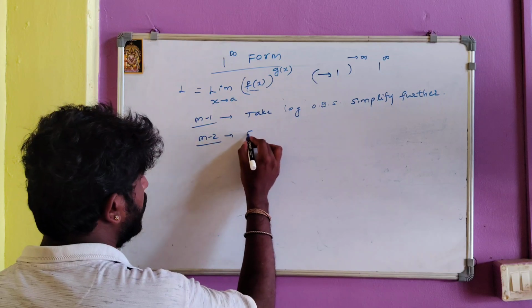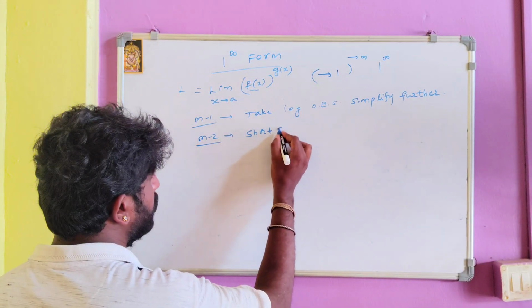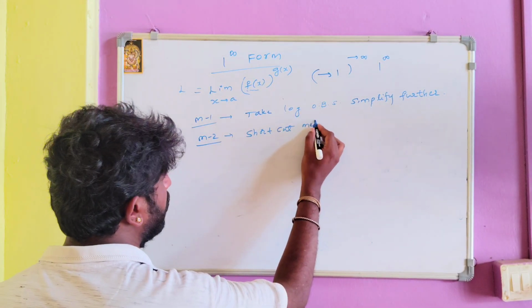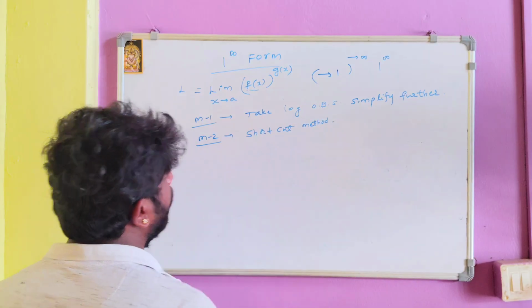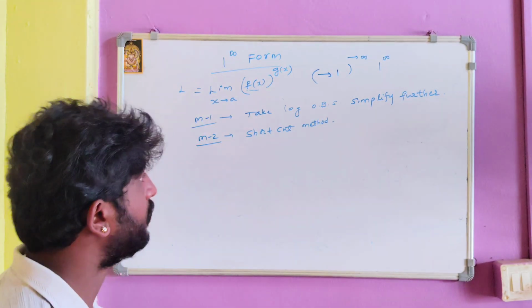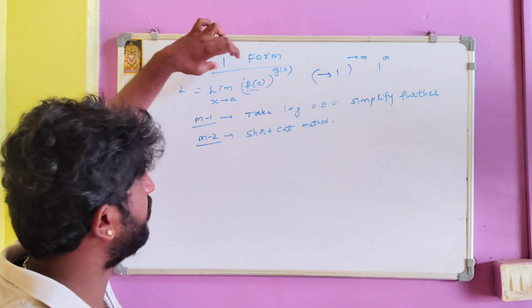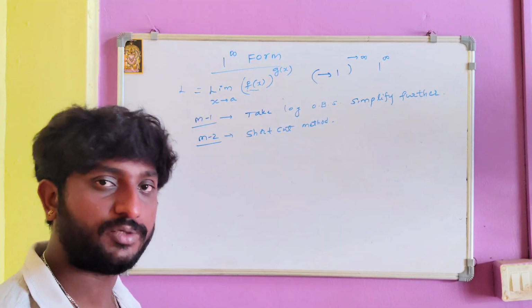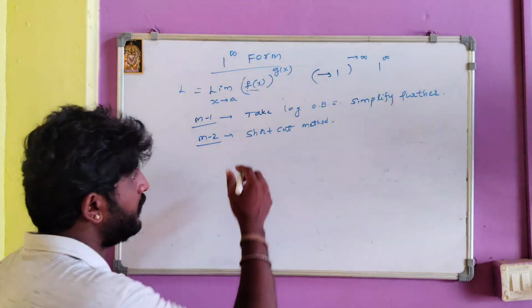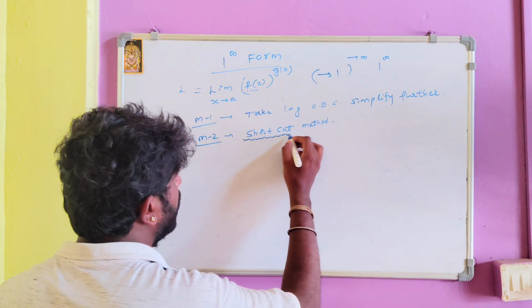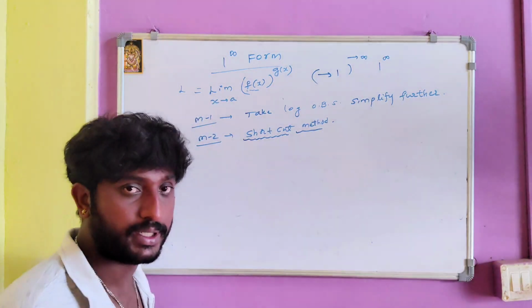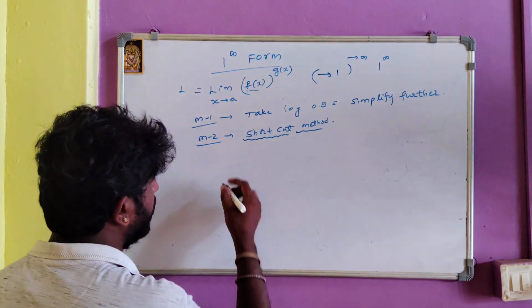Method 2 is the shortcut method. Whenever you get such an indeterminate form, 1 raised to the power of infinity, you can apply this shortcut directly. What is the shortcut here?